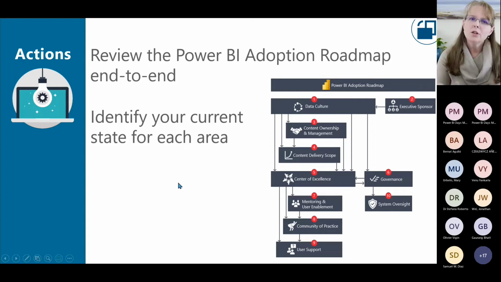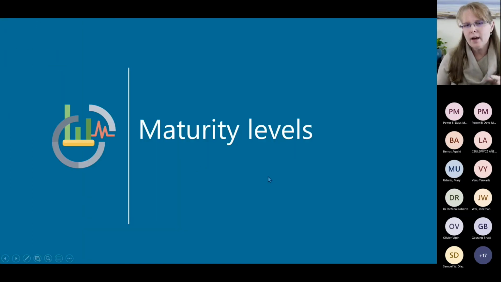So to round out this first piece, what I would suggest, if you are not familiar with it yet, is to first just review it end to end and start thinking about what your current state is for each one of those areas and be brutally honest, the good, the bad, and the ugly. And the best way to do that is with these maturity levels that we put into the adoption roadmap.